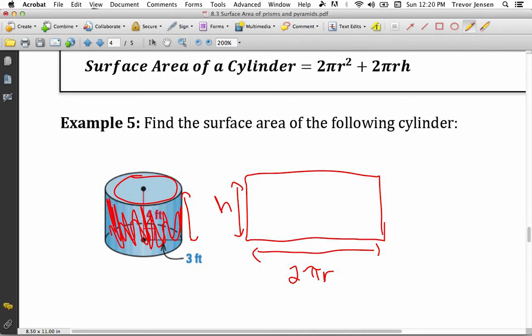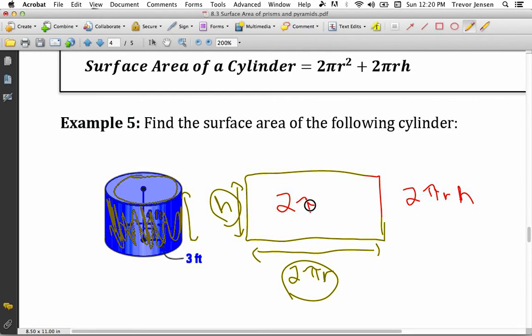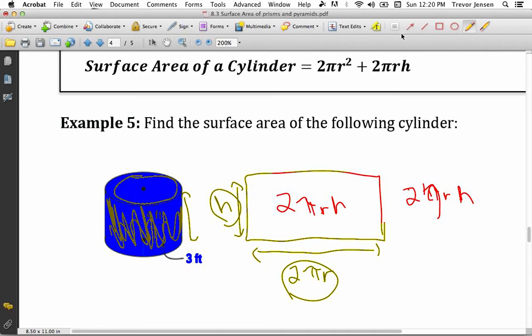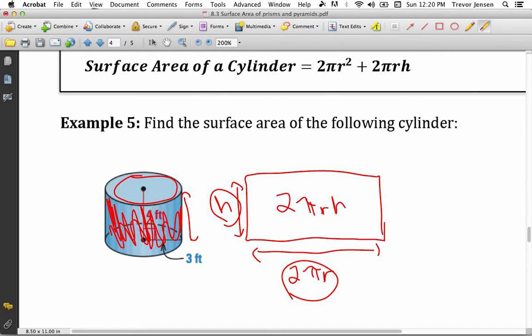So to find the area of this rectangle, I do length times width, which is 2 pi r times h, which is 2 pi r h. So I should write that in here. Area is 2 pi r h. Okay, so that's where this formula comes from.